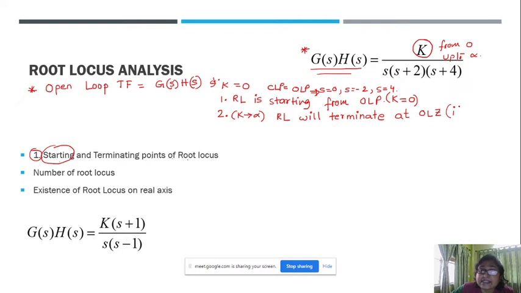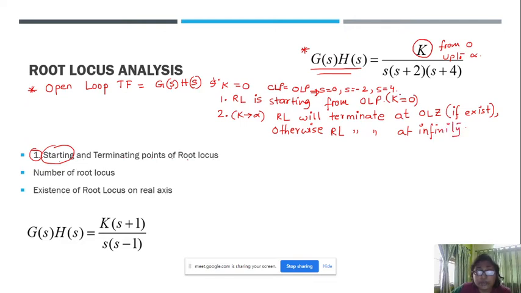If there is an open loop zero, it will terminate at the open loop zero. If there is no open loop zero, then the root locus will terminate at infinity.